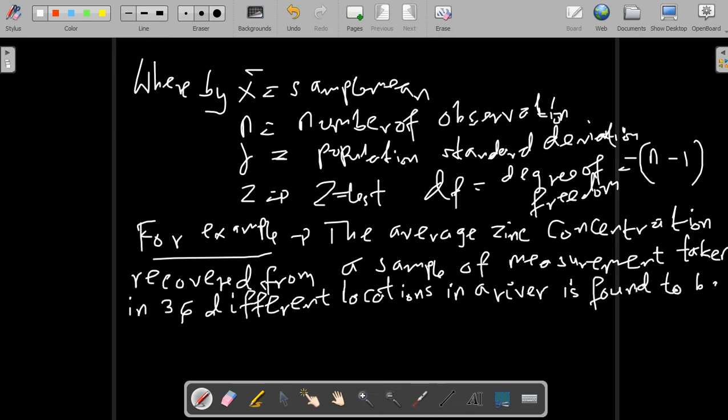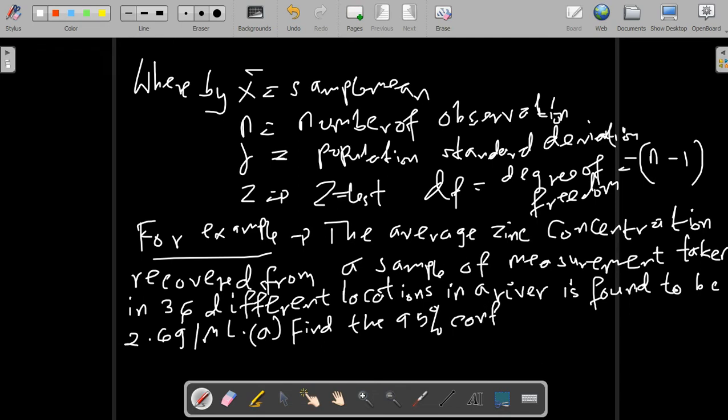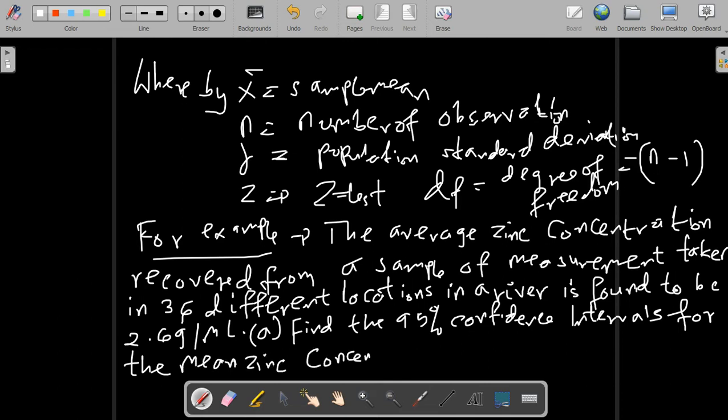We are required to find the 95% confidence interval for the mean zinc concentration in the river. And we also assume the population standard deviation is 0.3 g/ml.